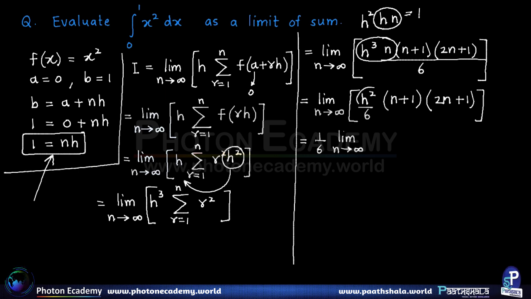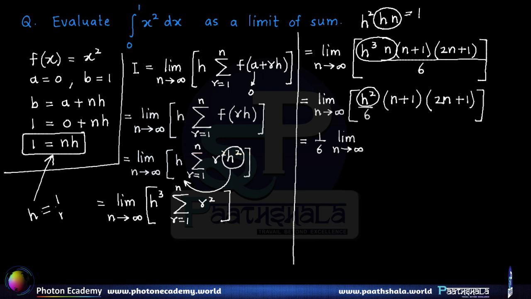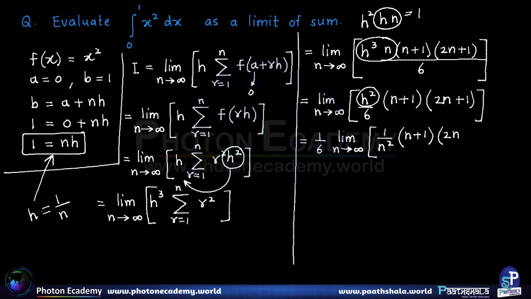Now you see this h square can be written as 1 upon n square, because once again, since hn is equal to 1, h can be replaced as 1 upon n. So therefore I can write it as 1 upon n square multiplied by, as we already have, n plus 1 into 2n plus 1.